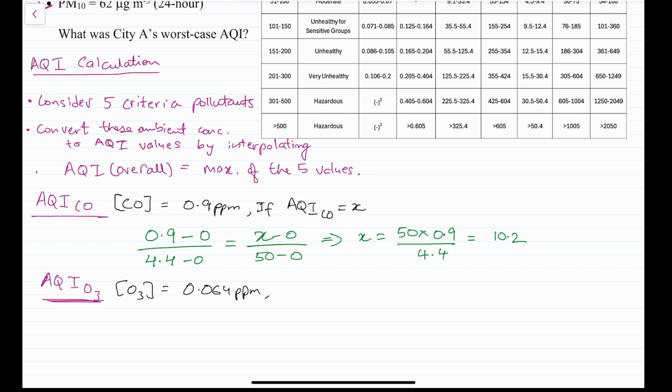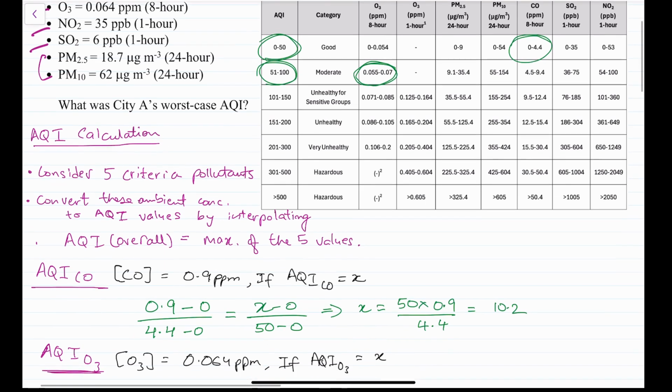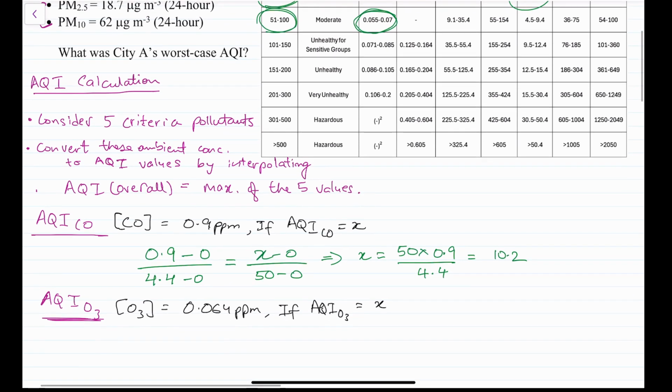And again, I will assume that AQI of ozone is X. Now we will be looking at the ozone table here, and this ozone is 0.064 ppm, so we are right here and here. So we'll take these numbers.